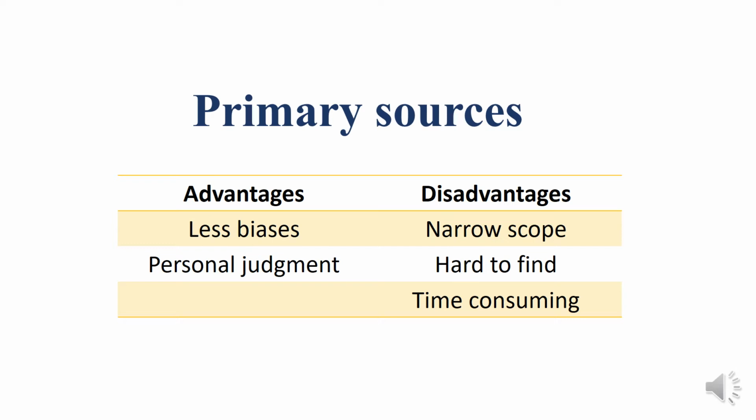Also, they are rare or hard to find, and they are actually time consuming, because you are going to search for rare items. So these are the advantages and disadvantages of primary sources.